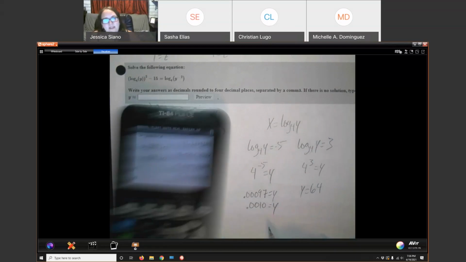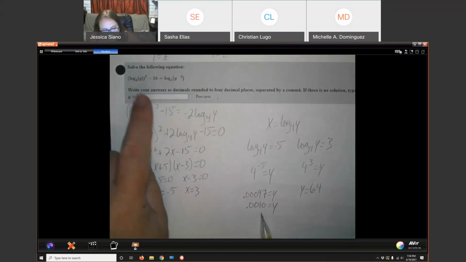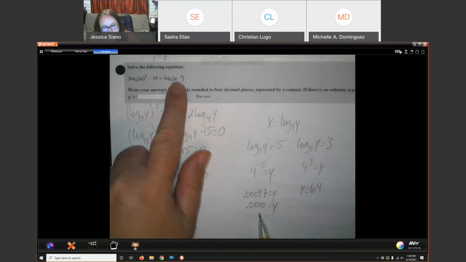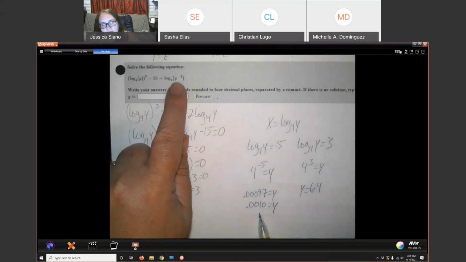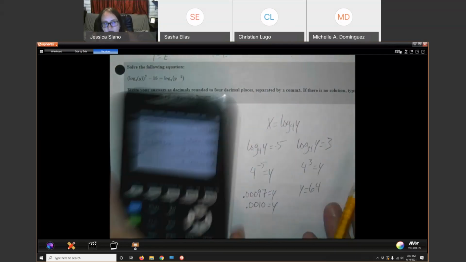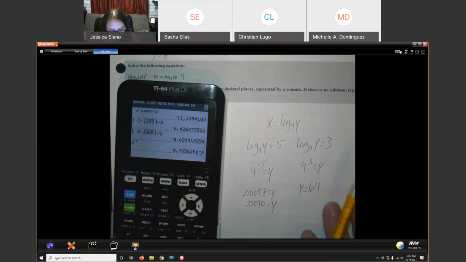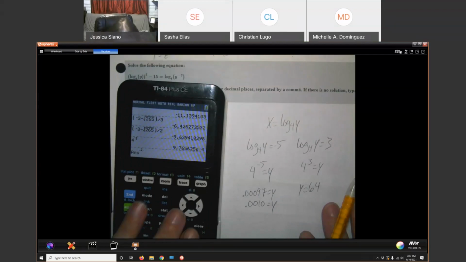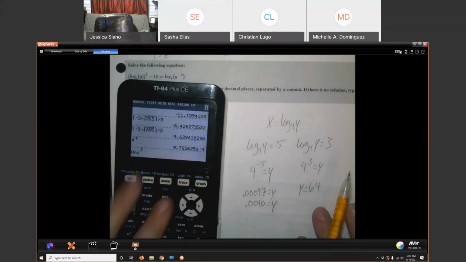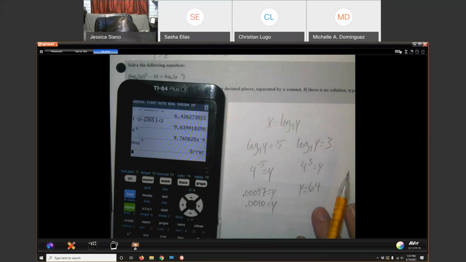Let's check them just to be safe. So this is positive, so I can put it in there. And then the -2 means to take the reciprocal and then square it, but you're not going to make it negative at any point, so this is okay. And if you're not sure, you can always just do this to the -2 and double check. Oops. Yeah, I knew it was going to do that.